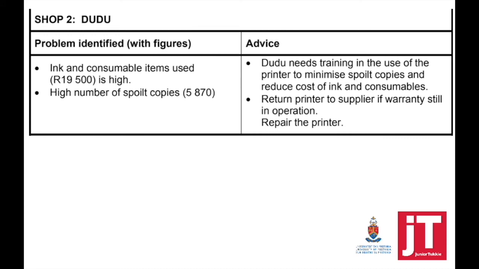Or secondly, there could be something wrong with the machine. So we can either say Dudu, who's the manager, needs training in the use of the printer to minimize the spoiled copies and to reduce the cost of ink and consumables. Or we can say the printer needs to be returned to the supplier if the warranty is still in operation. And if it's not, we need to send it in for repairs.